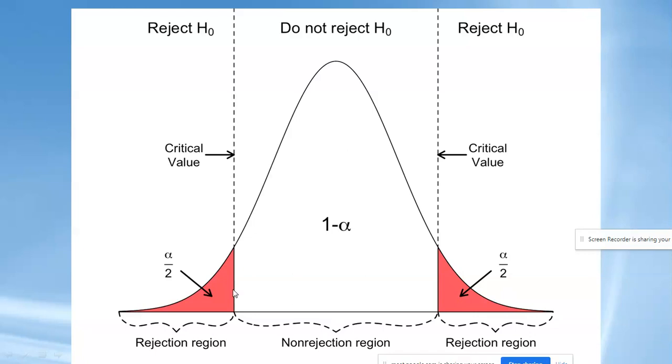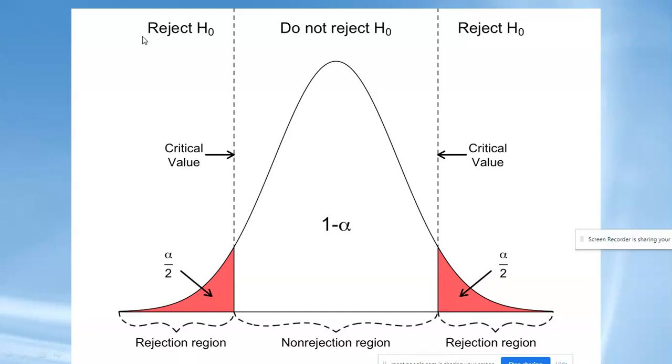So whenever your p value is less than the significance value, it lies in the rejection region. See, this is the critical value. The critical value is shown using this arrow, the dotted line. So whenever your significance value lies in this red region, when it is less than 0.05, either on the positive side or the negative side, we say it is a rejection region and we reject the null hypothesis.